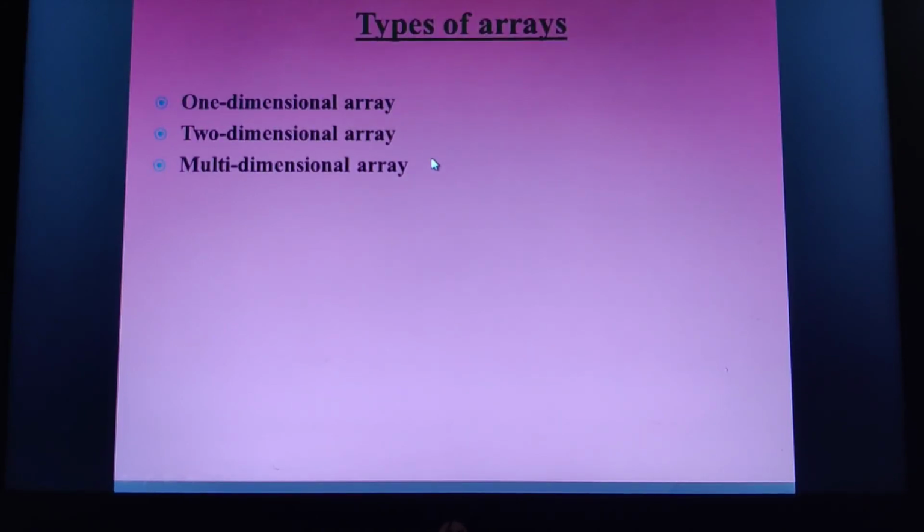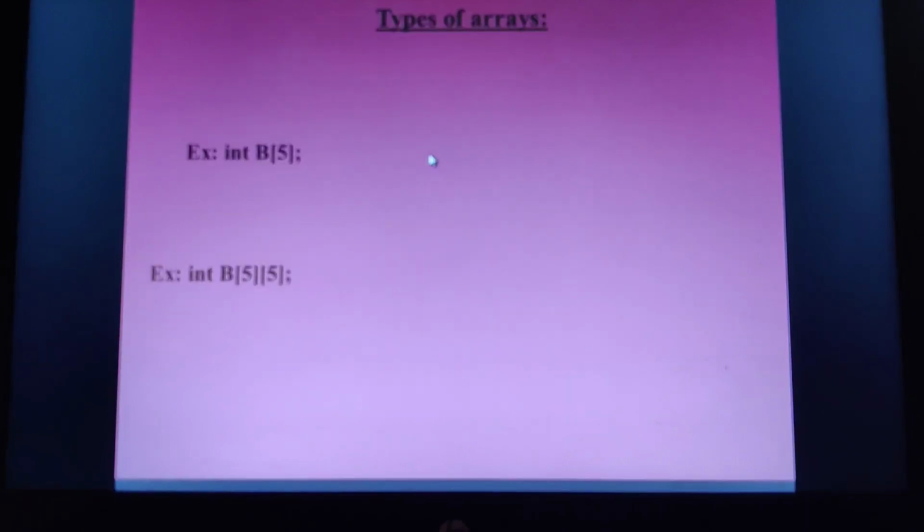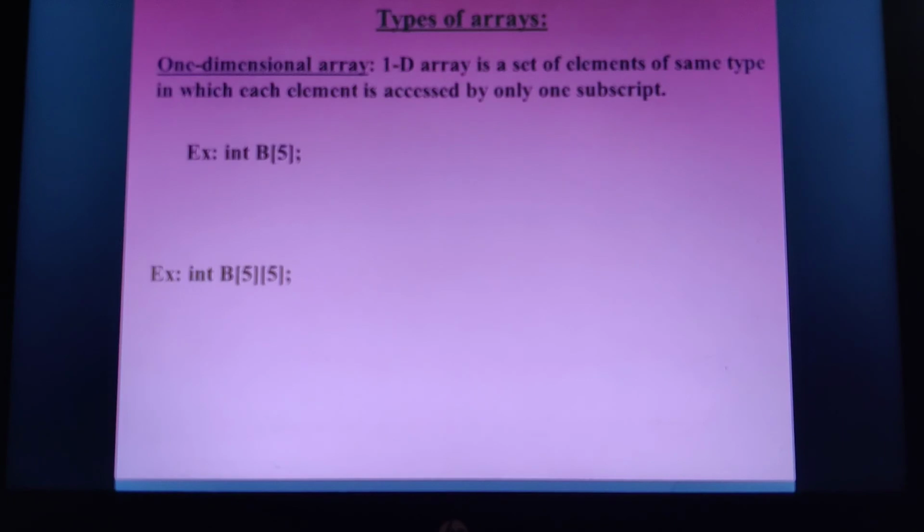Now let us see what exactly a one-dimensional array is. A one-dimensional array is a set of elements of the same type in which each element is accessed by only one subscript. Children, they are representing the set of elements which can be accessed by only one subscript.